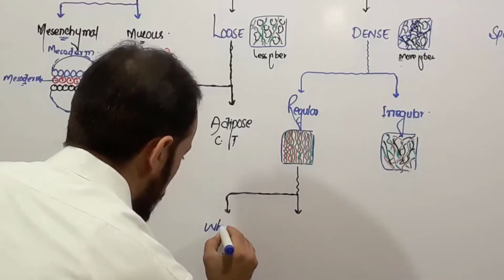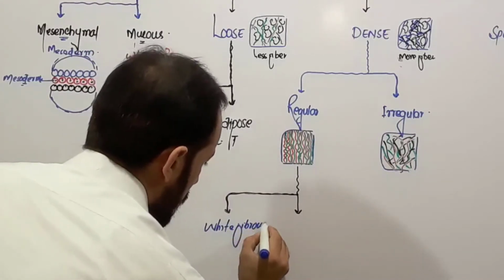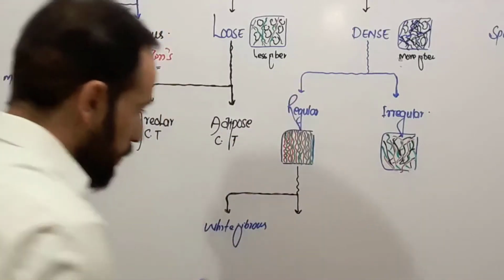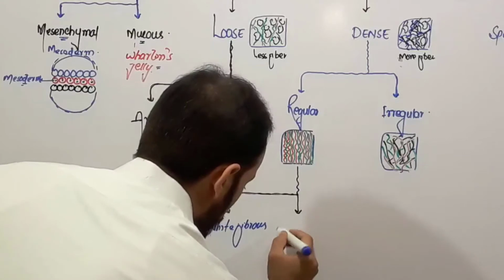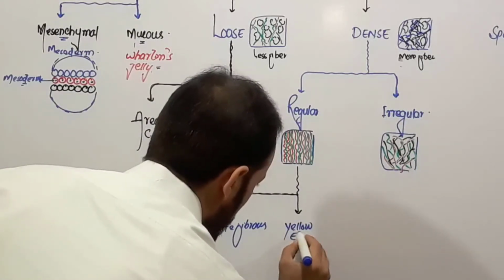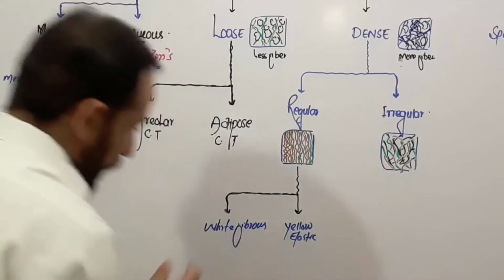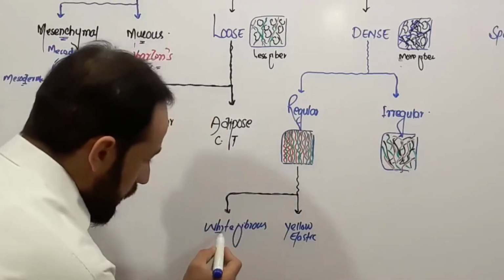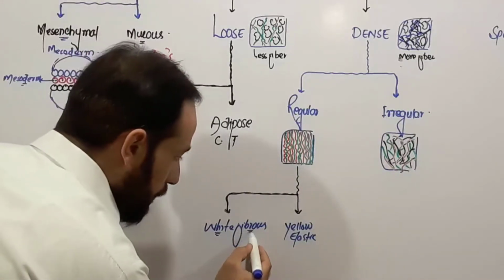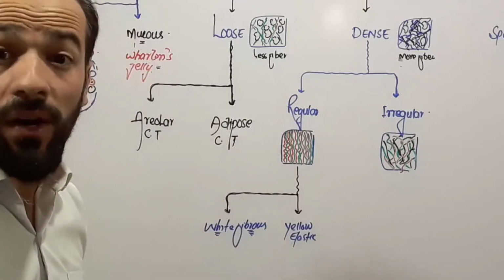White fibrous regular dense connective tissue and the yellow elastic. That's quite simple. So the white fibrous means that it appears a little bit white in color and it is fibrous, so it means that it has lots of fibers in it.